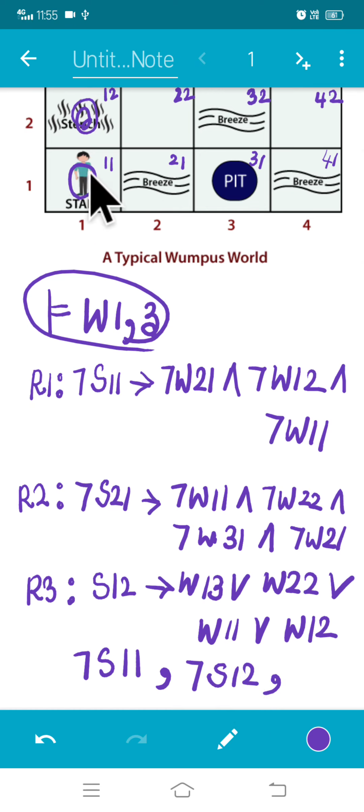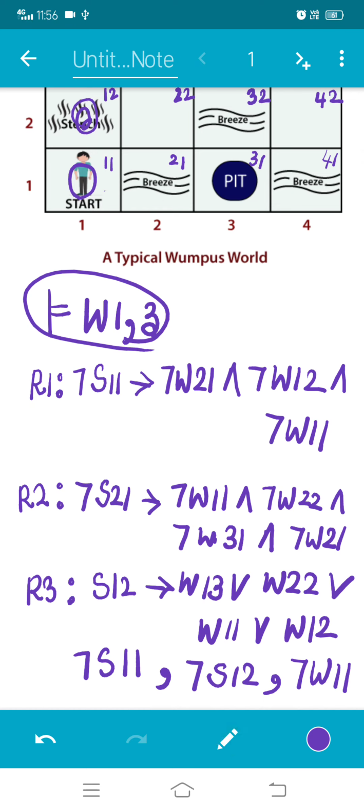And also we know that here the agent is safer, so here we can say no Wumpus in 1 1, so negation of Wumpus 1 1. So in this way we can write so many conditions from the available conditions.